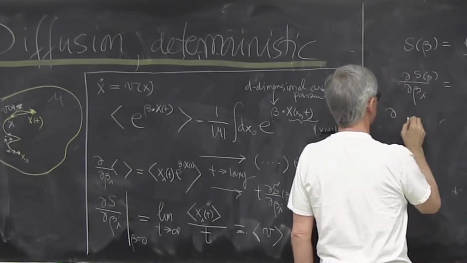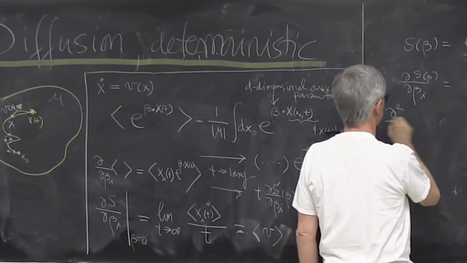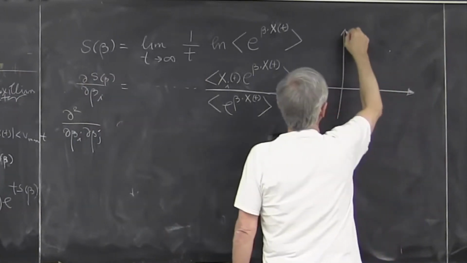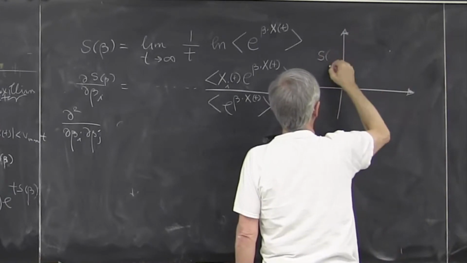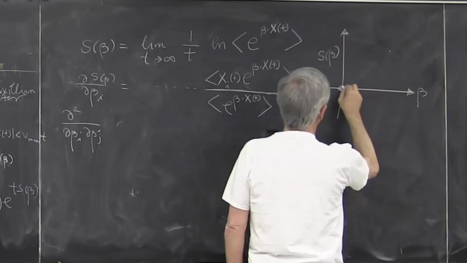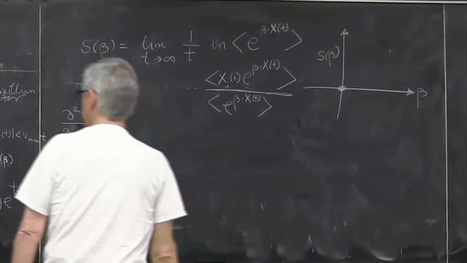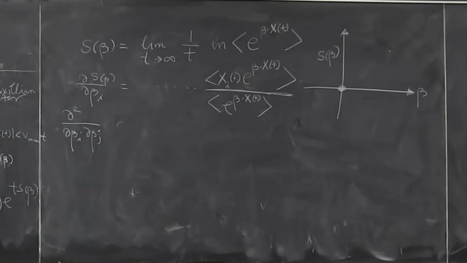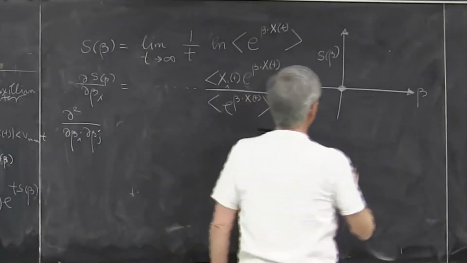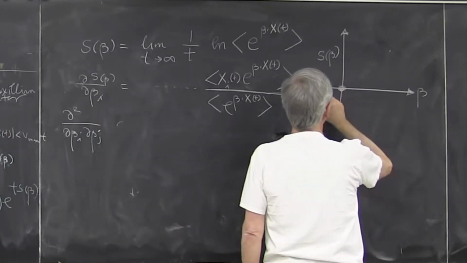If you go and compute the next derivative, there's a function s, parameter beta. I know that when beta equals 0, I don't have any interesting observable. This whole thing is 1. I know that logarithm goes through 0. So I know that this function looks something like that.